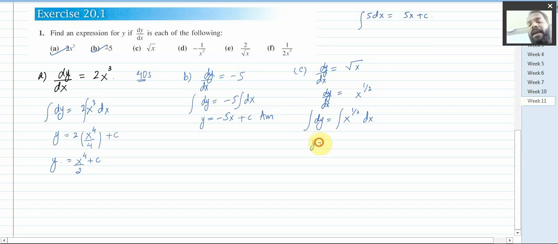So y is equal to x to the power 1 upon 2 plus 1 divided by 1 upon 2 plus 1, and then plus c. So power 1 upon 2 plus 1 is 3 upon 2, divided by 3 upon 2, plus c. If we simplify it, it will be 2 upon 3 x to the power 3 upon 2 plus c. That is your answer.